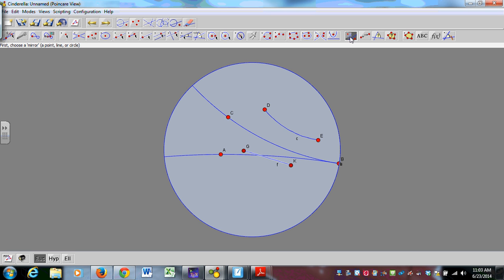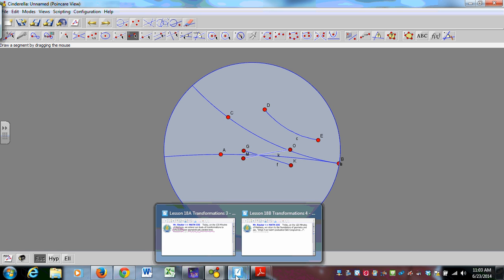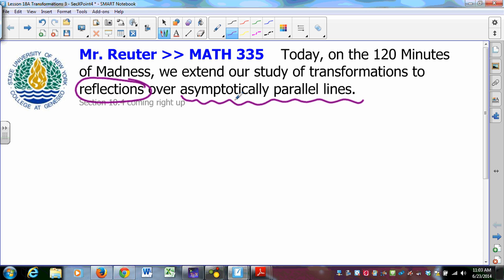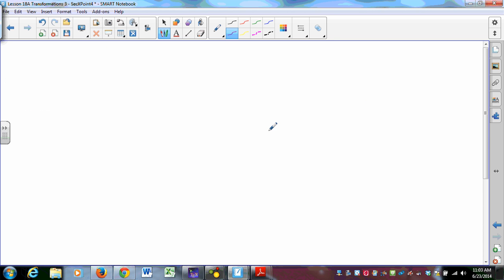Then I use this as the mirror and reflect G, and this as the mirror and reflect K, and I end up with MO. When we compose reflections over asymptotically parallel lines, two reflections, MO is the image of DE after a horolation.